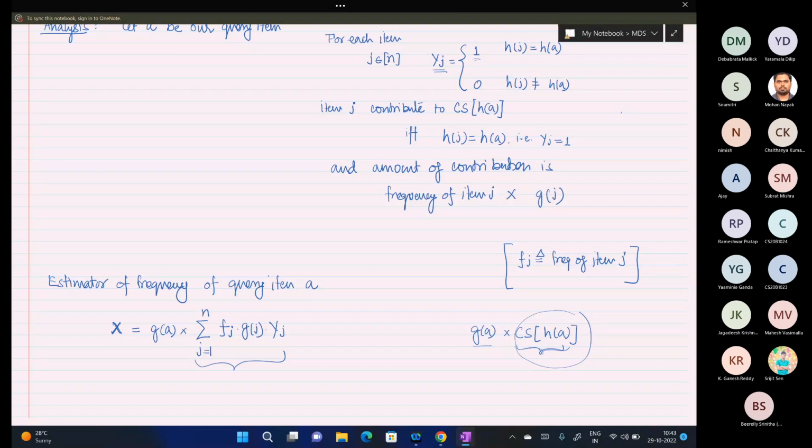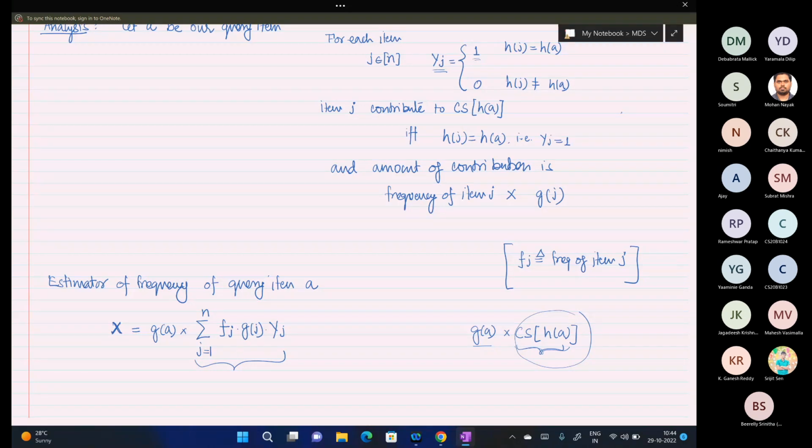So all those elements which mapped in the same bucket in which A has been mapped, their contribution will be added, and that will be taken care of by this random variable yj. Now, the way we designed our sketch function, their contribution is their frequency, Fj denoting the frequency of the jth item, times the corresponding sign value.